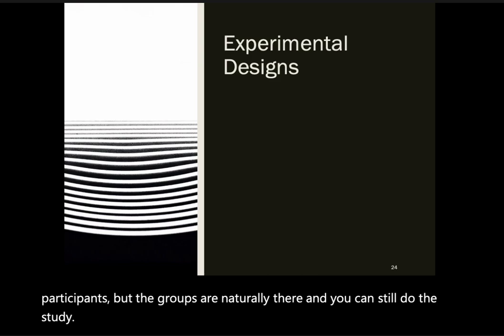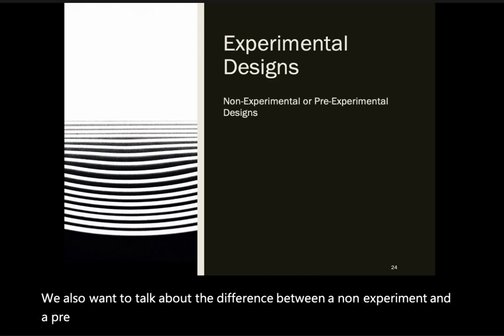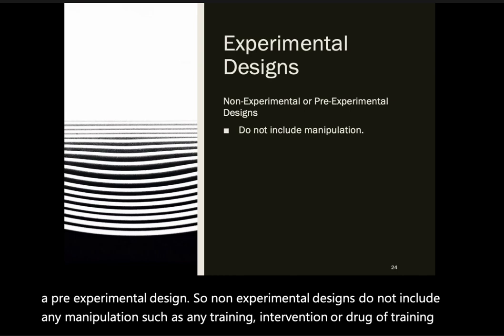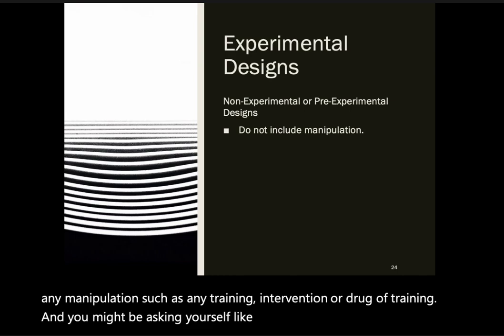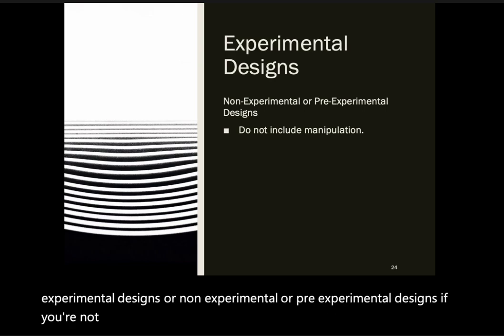We also want to talk about the difference between a non-experiment and a pre-experimental design. So non-experimental designs do not include any manipulation, such as any training, intervention, or drug. And you might be asking yourself, why do we even talk about non-experimental or pre-experimental designs if you're not including any manipulation?